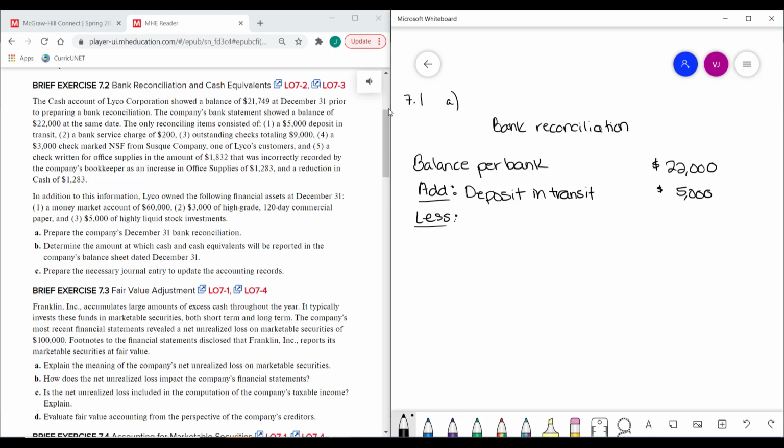What about outstanding checks totaling $9,000? That would work. Because what are outstanding checks? Well, just like a deposit in transit, outstanding checks refer to checks we've written to other parties, but they just haven't cashed those checks or those checks haven't yet cleared the bank.